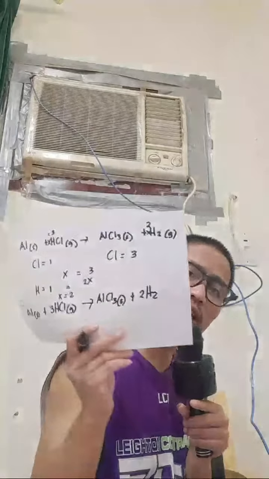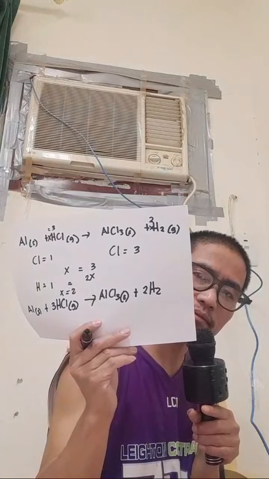If I ask what is the number of atoms of HCl, that means coefficient times the subscript. The coefficient is technically equal to the number of moles only, but the atoms is coefficient times the subscript.